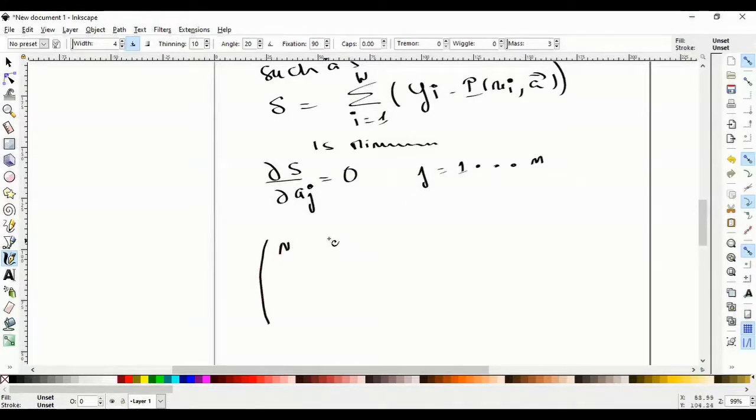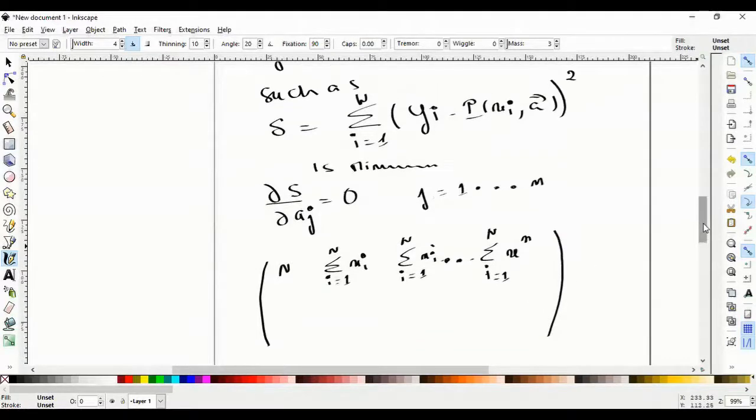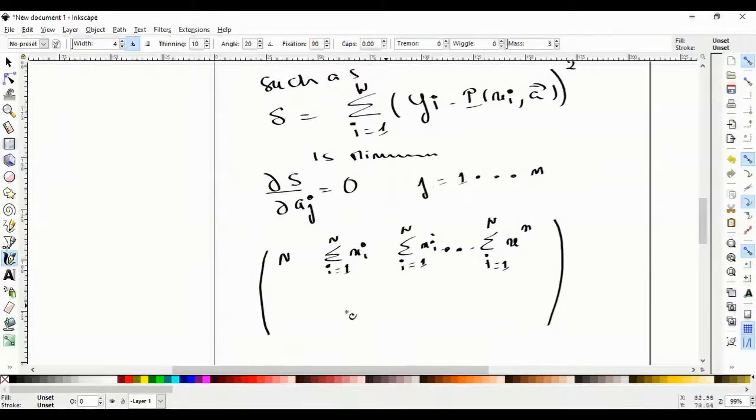So we find n, the sum of i equals 1 till n xi, the sum of i equals 1 till n xi squared, etc. The sum of i equals 1 till n xn, the sum of i equals 1 till n.